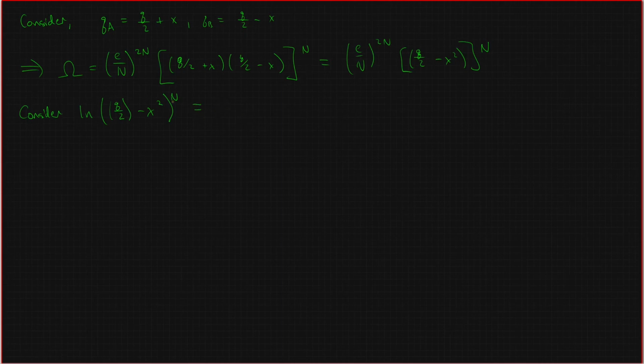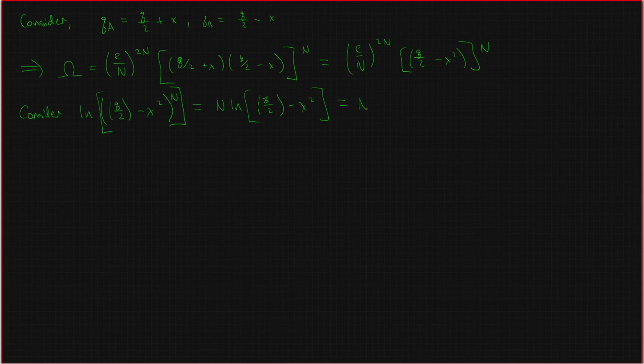Well, the n can be pulled out because this is a natural logarithm, so it'll just be n ln of (q/2)² − x². I should really write brackets around here to denote that the natural log is of this entire argument, and that the exponent n is not sitting outside of the log.